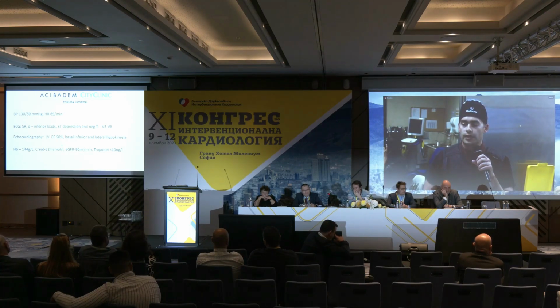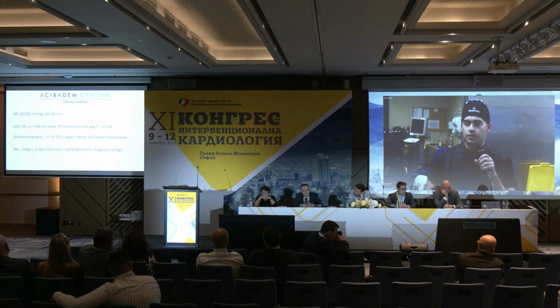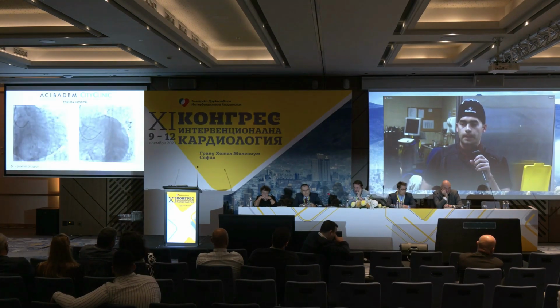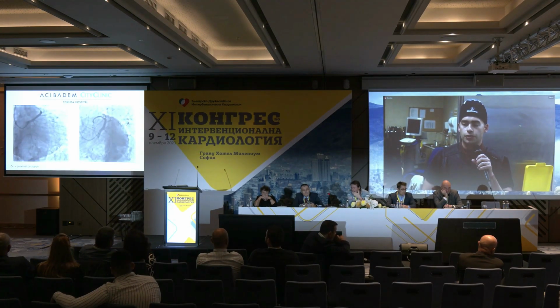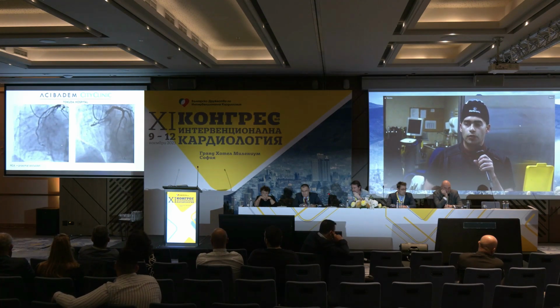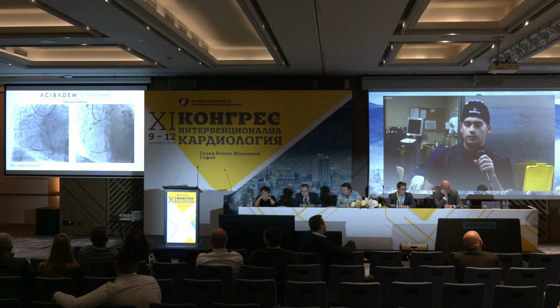From the echo, you can appreciate mildly reduced left ventricular function with basal inferior and lateral hypokinesia. Here you can see the angio, the coronary anatomy: proximal occlusion of the circumflex artery with distal collateral filling, and proximal occlusion of the right coronary, also with retrograde filling.